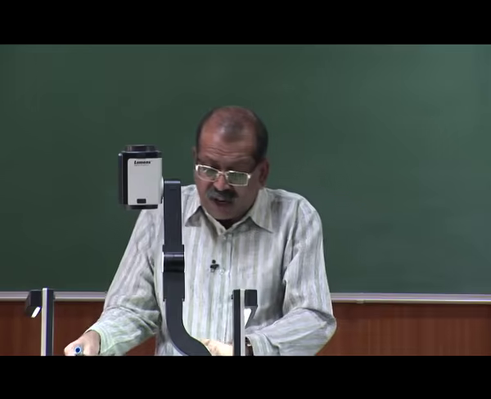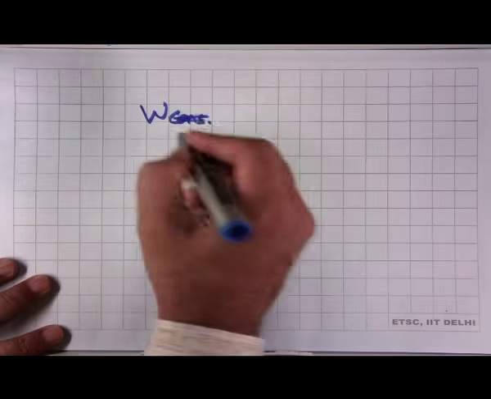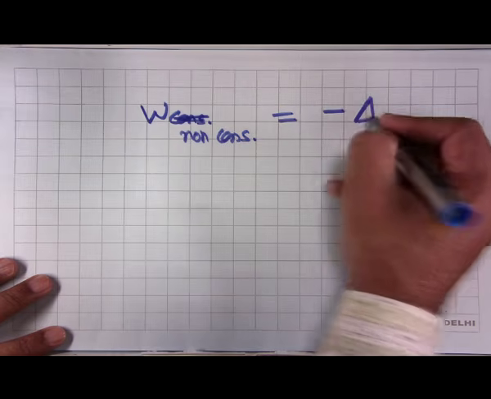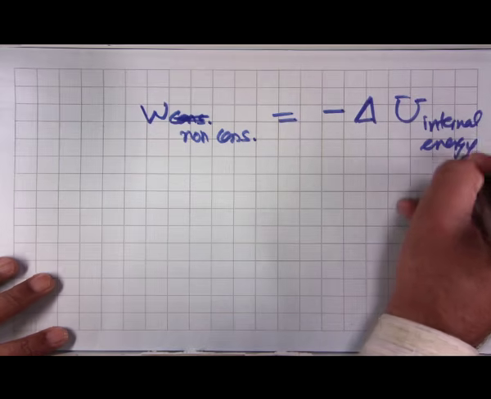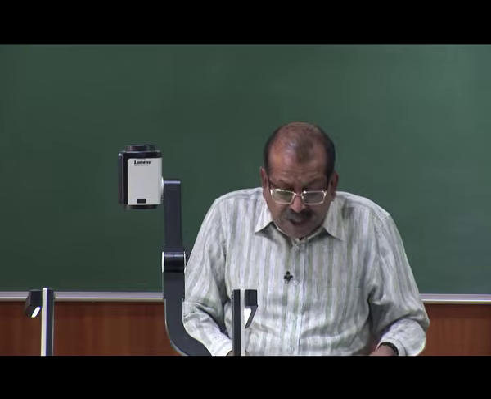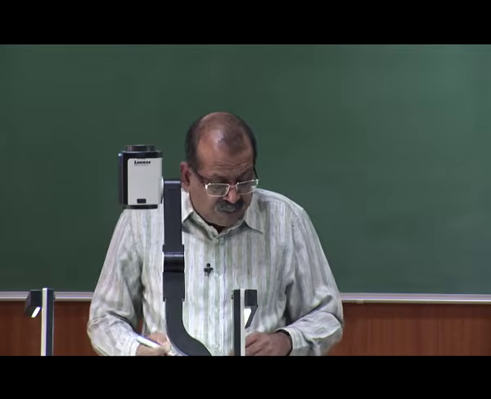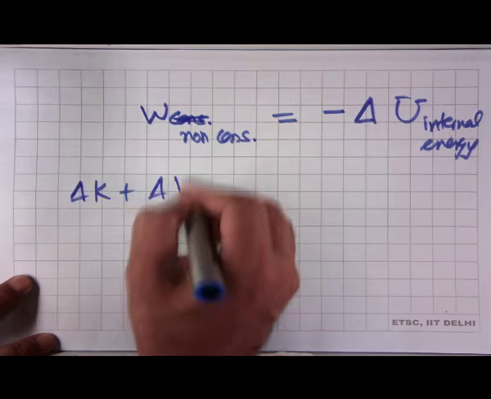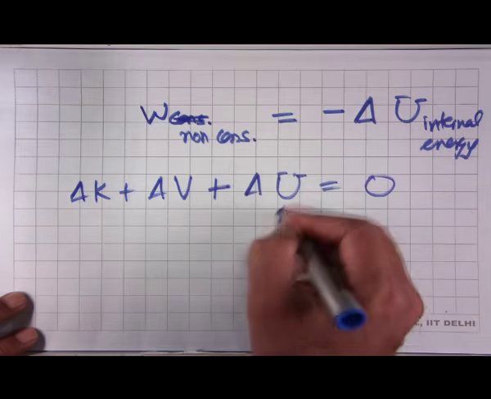Now, we can slightly generalize this, and if we say that the work done by non-conservative forces is equal to minus the change in internal energy, this would mean that there is some sort of dissipation which has taken place. So, this goes to adding to the temperature of the body or change in internal energy which gets dissipated as heat or some other form, and then what we get is change in kinetic energy plus change in potential energy due to conservative forces plus the change in internal energy is equal to 0.